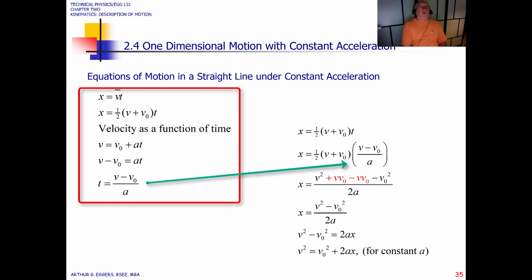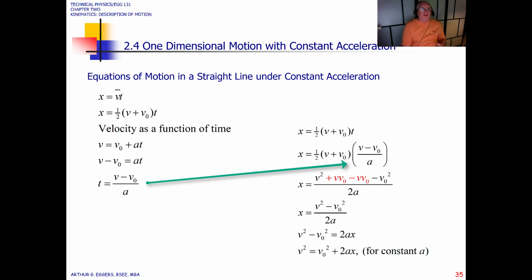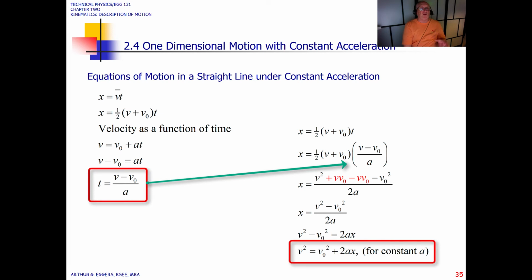And then we are going to solve for velocity as a function of time, which we were given, and we can then move the terms around so that we have time is equal to the difference in velocity minus velocity naught divided by acceleration. So again, it's just giving you ways to look at these relationships as we learn them and learn to manipulate them so that we can solve for the unknown, whether it's distance, whether it's velocity, whether it's time.